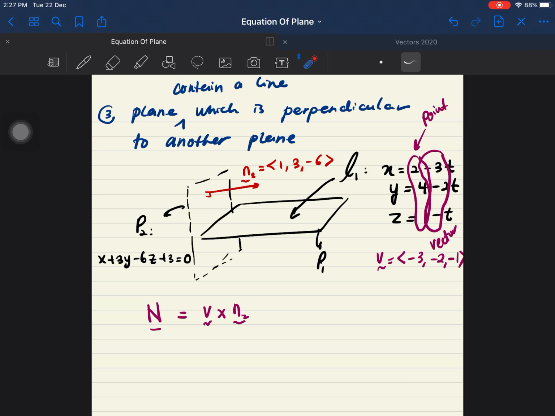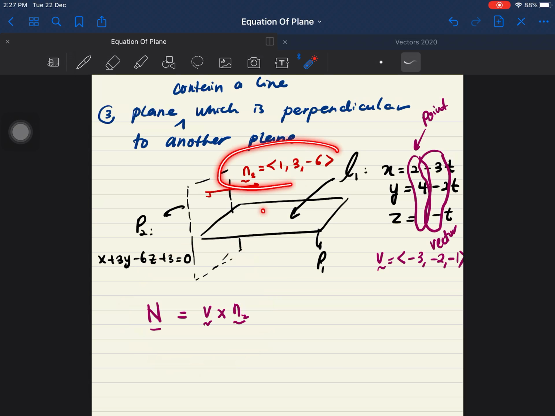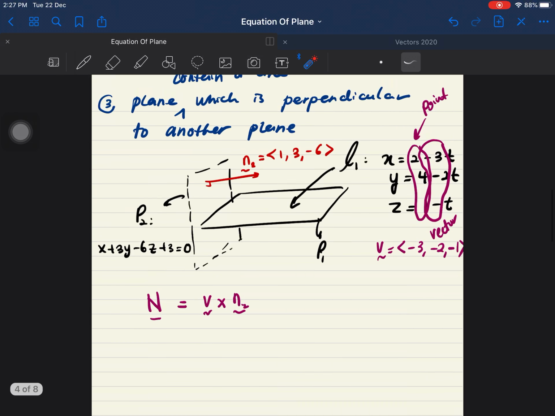Okay, selalu masalahnya kita tak tahu yang mana satu normal vector. Okay, so in this case kita kena buat cross product between these two vector from plane 2, normal vector from plane 2, and vector on the plane 1. Okay, tadi saya beritahu normal vector is still a vector, so kita boleh buat cross product between v cross n.